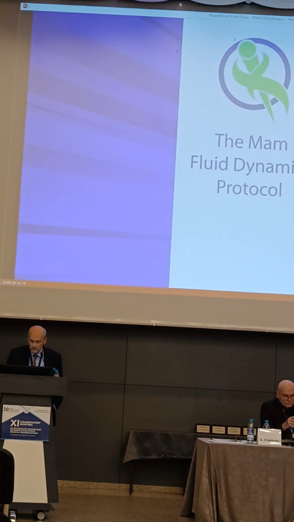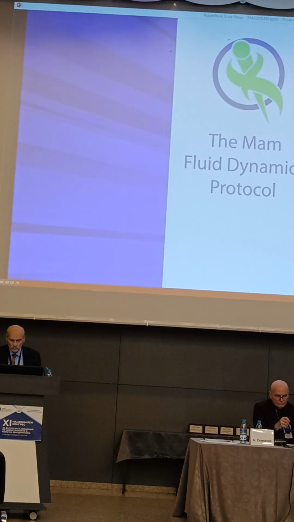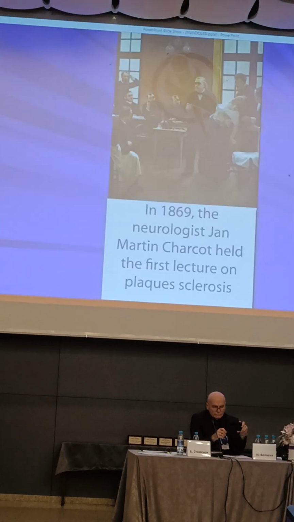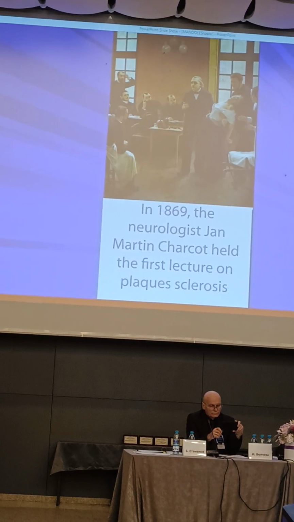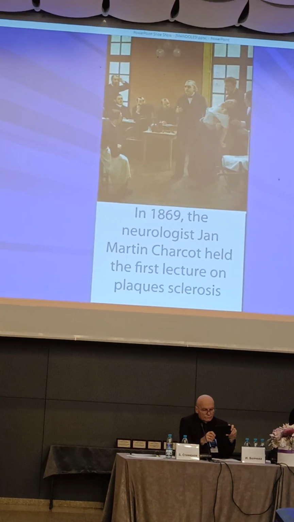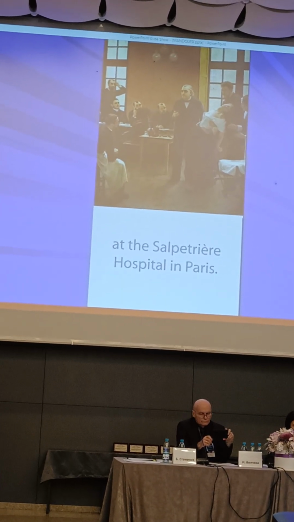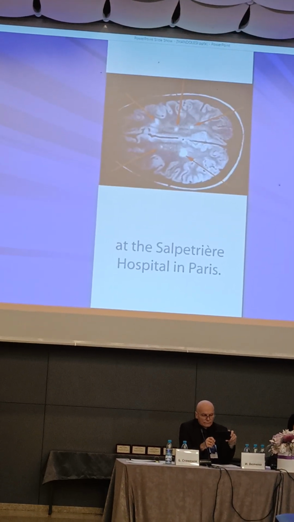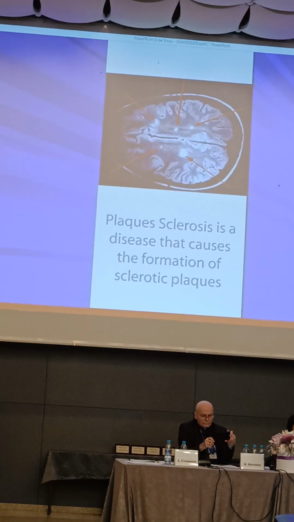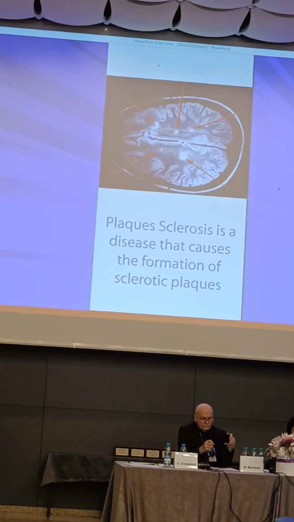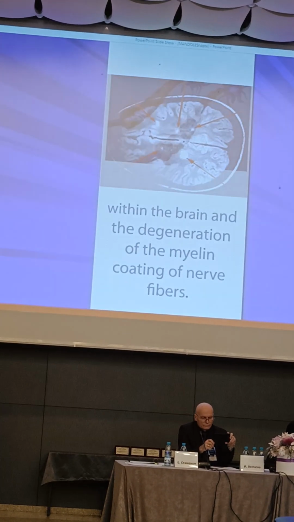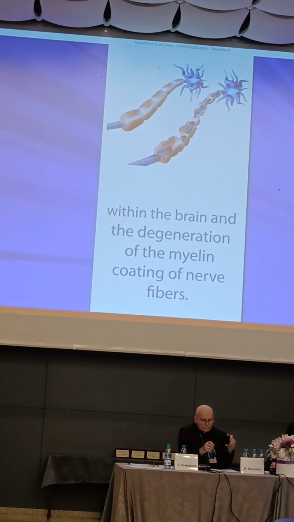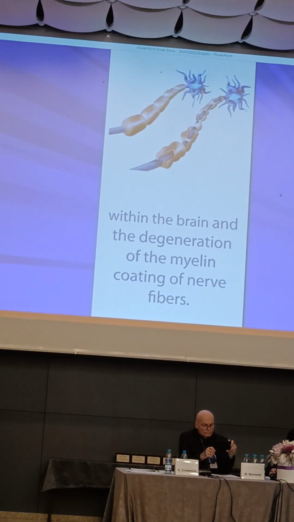The Mandolesi Fluid Dynamics Protocol. In 1869, the neurologist Jean-Martin Charcot held the first lecture on plaque sclerosis at the Salpêtrière Hospital in Paris. The plaque sclerosis is a disease that causes the formation of sclerotic plaques within the brain and the degeneration of the myelin coating of nerve fibers.